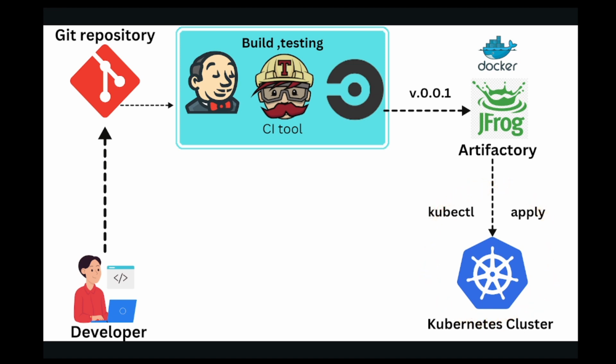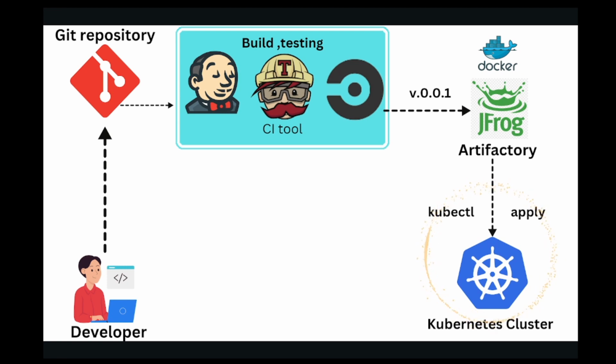This is termed the CD process. To perform this CD process, we use CD tools such as Jenkins, which can be used as both a CI and CD tool, and also Harness, and plenty of other tools. This entire process is termed the CI/CD process.